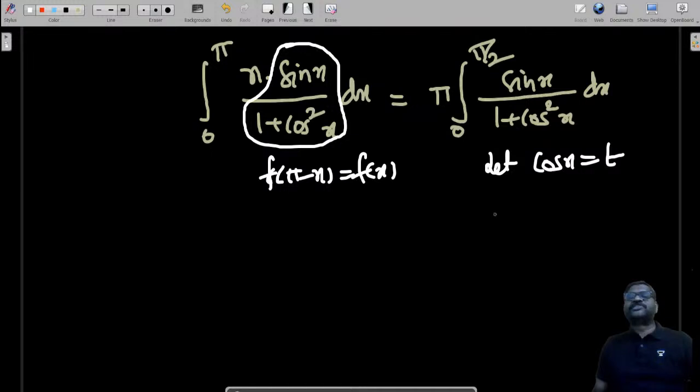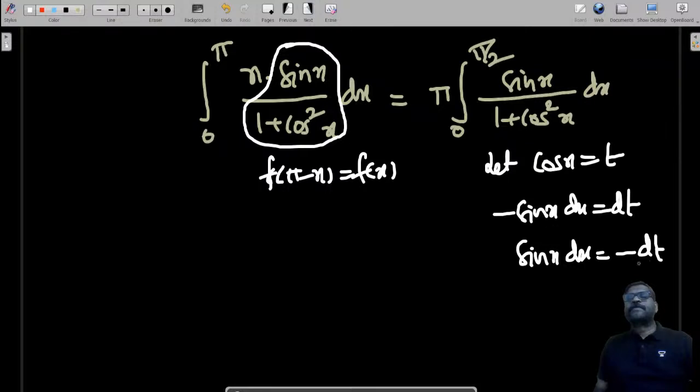Let us take cos x is t. Minus sin x dx is dt. Sin x dx is minus dt. When x is 0, t is 1.